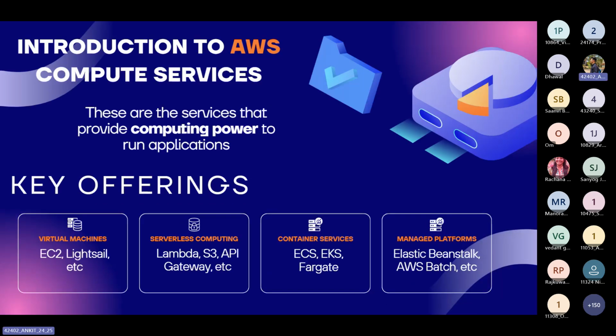Okay, let's talk about some famous compute services now. So what are compute services, by the way? These are the services that provide computing power to run applications. They are basically the engines that power your applications in the cloud. They can range from virtual machines like EC2 to serverless services like Lambda and even container orchestration.